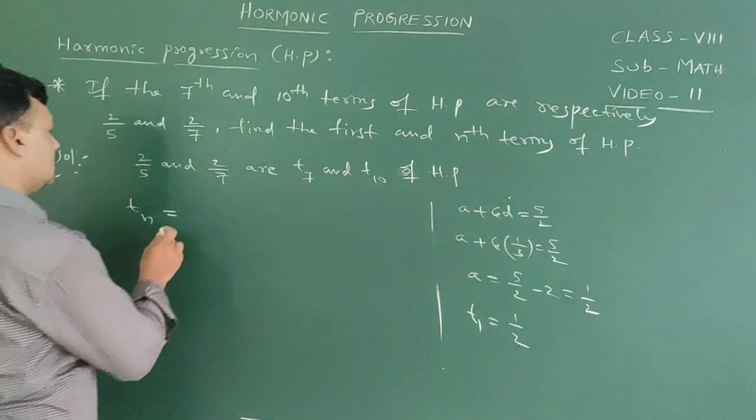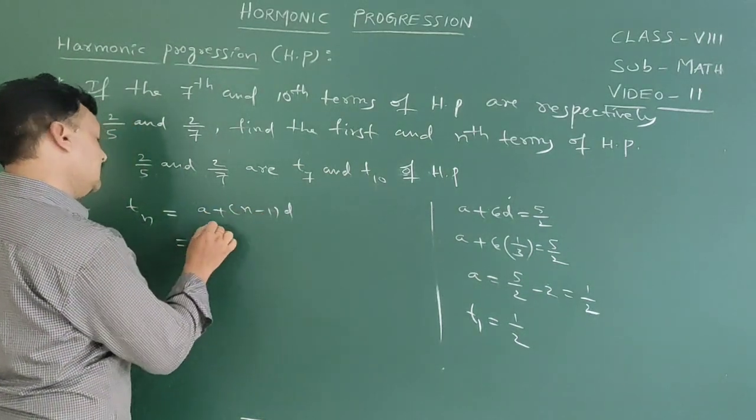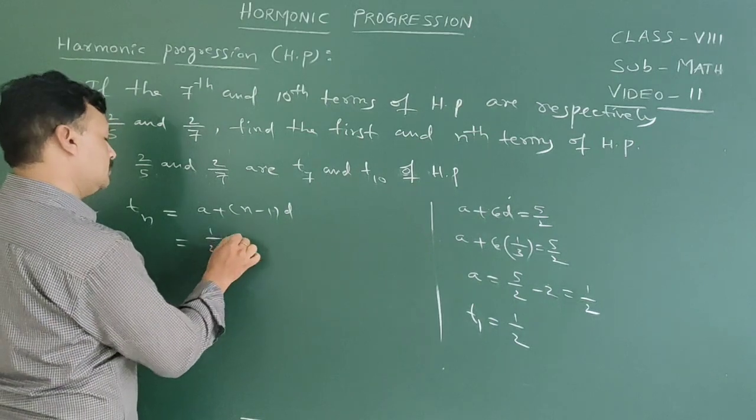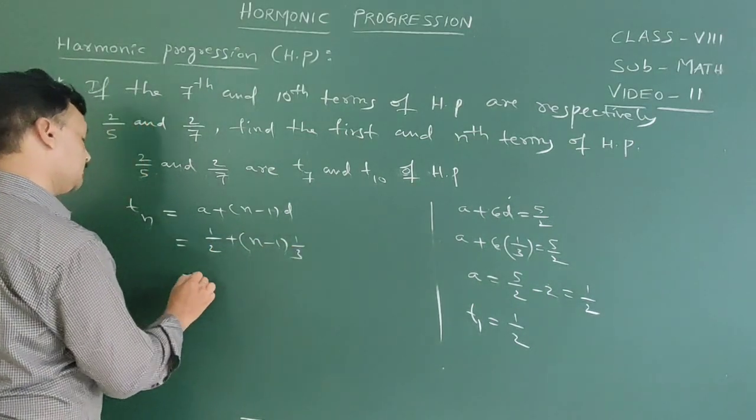So Tn equals A plus n minus 1 into D. Here A is 1 by 2 plus n minus 1 into D, which is 1 by 3.